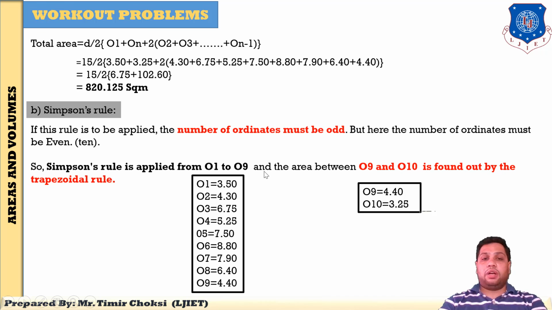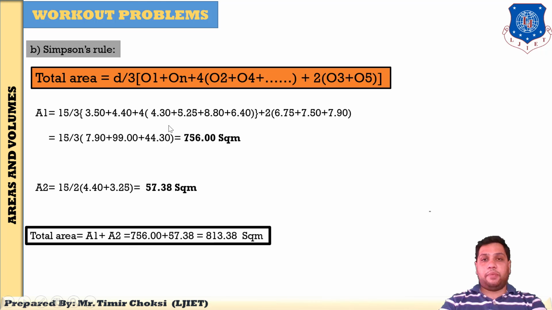So here you consider O1 to O9 from the Simpson rule, and O9 and O10 are considered and the area is found from the trapezoidal rule. So you have divided into two parts. First you find the area A1 from the Simpson rule, and part 2, A2, is found by the trapezoidal rule, and then add them, A1 plus A2.